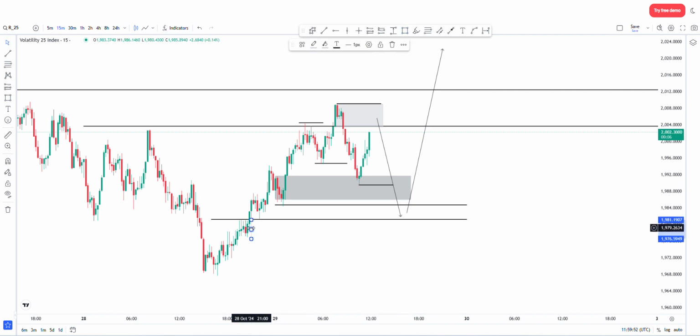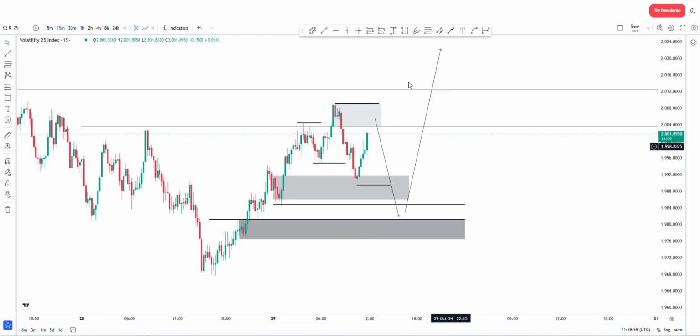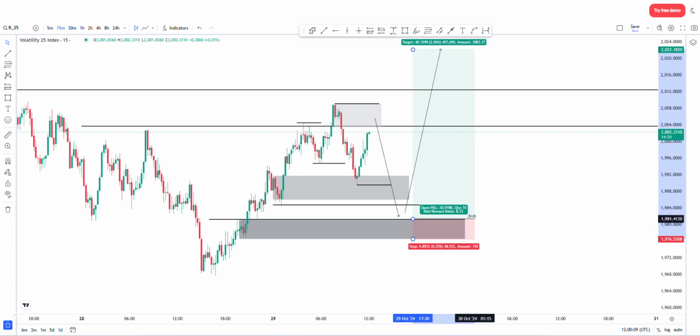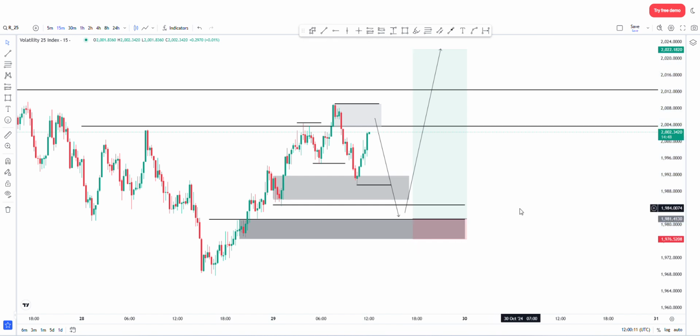So if price is to retrace down into the fair value gap, I'm going to buy from here, put my stop loss right here below the zone, and I'm going to push for the upside. All right, so this is how I'm looking forward to trade VIX25 on this particular day, which is 29th October 2024. It's 12 noon. So let's see what happens.